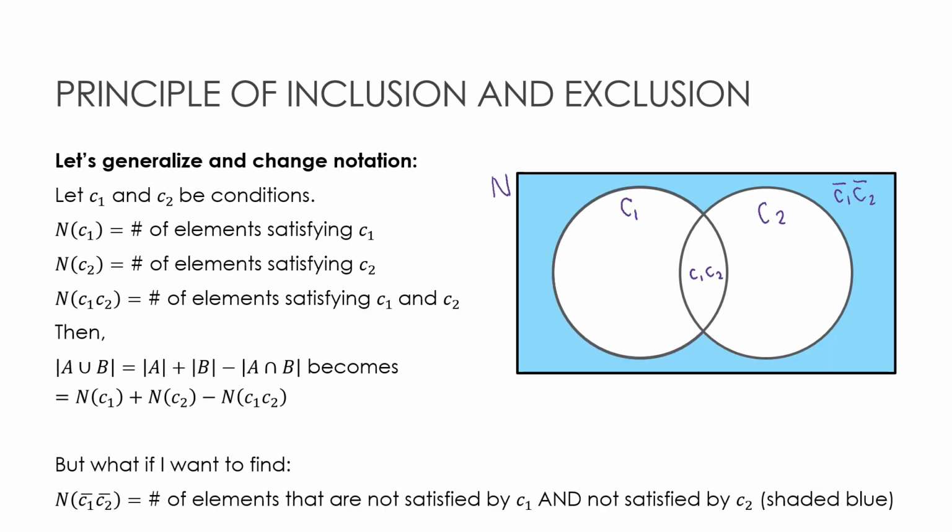So to this point, we've really just looked at sets. Now I want to look at conditions, C1, C2, etc., which is really the same thing as what we just looked at. The notation's just a little different. So I'm just changing the notation, but I'm doing the exact same thing as before. Again, I'm looking at the universe, which we're calling N. We're saying this is condition 1, which in our last example could have been men or people from Omaha.